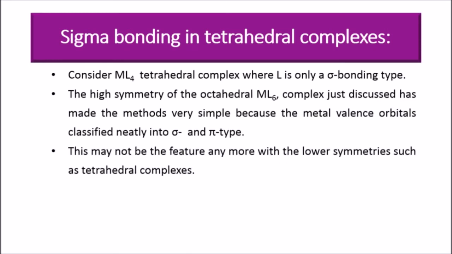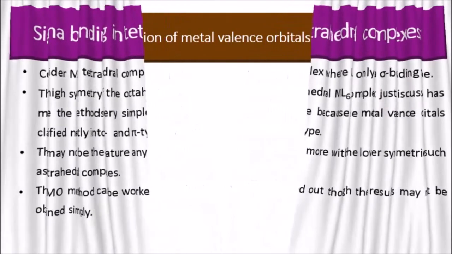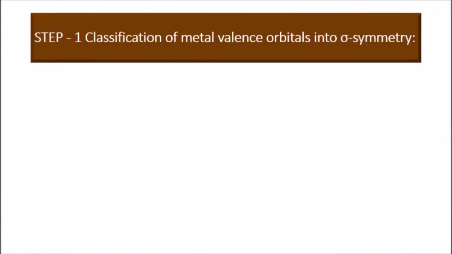This may not hold with the lower symmetry we're going to see in tetrahedral geometry. There the things will change a little. The MO method can still be worked out, but the results may not be obtained simply. There should be a different bifurcation in tetrahedral compared to the octahedral geometry.